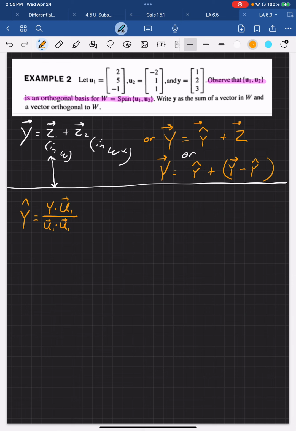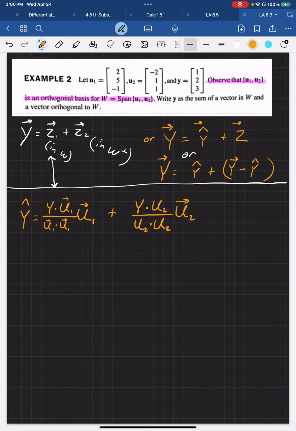So that forms the scalar, and we are going to attach that to vector u sub 1. Plus, we got one more round. So now it's y dot u sub 2 over u sub 2 dot itself. That again forms the scalar that is going to be attached to vector u sub 2.